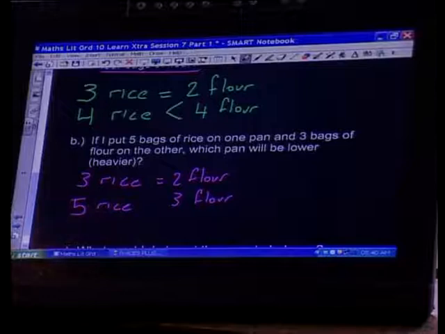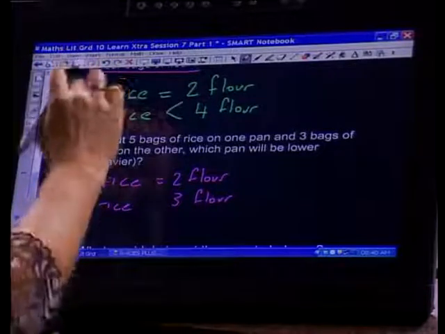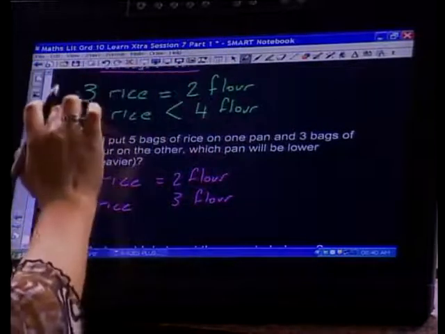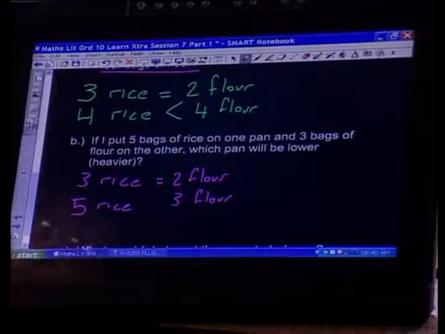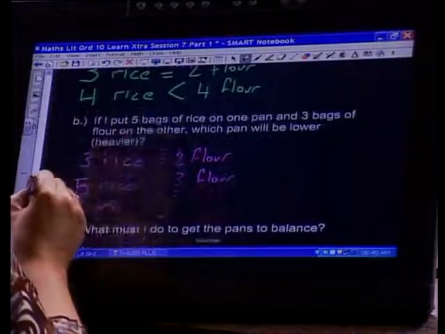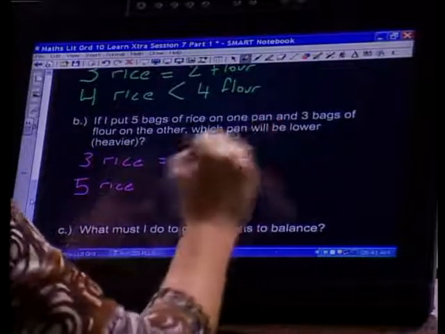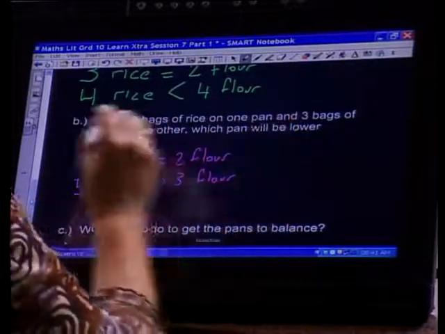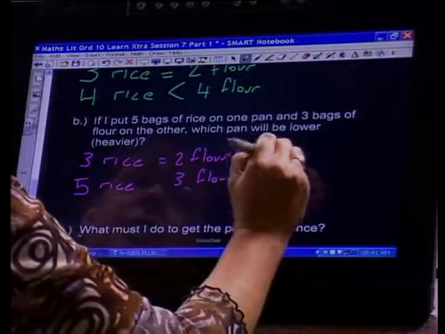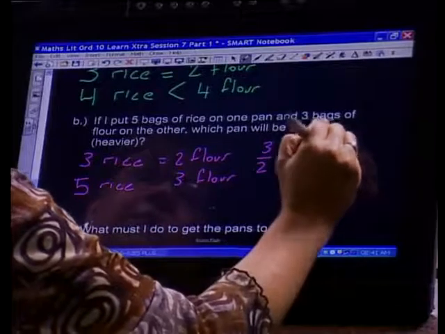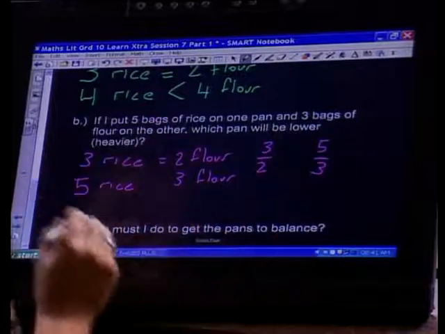Now in this case, I'm going to actually have to look at the ratios. Here it was quite easy. I could see I was doubling here and not doubling there, but I'm not doubling in either place. So I'm going to have to look at which ratio is bigger. So if I look at 3 over 2, is that bigger than 5 over 3? So we're going to compare 3 over 2 to 5 over 3.